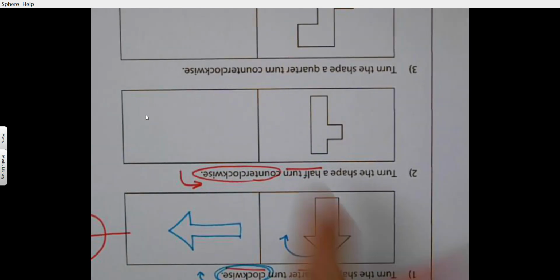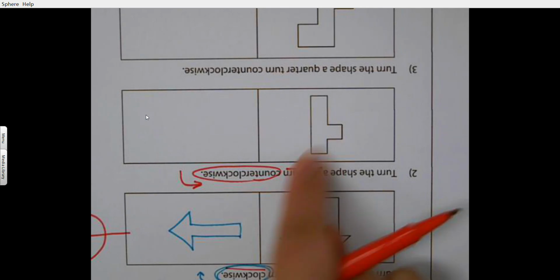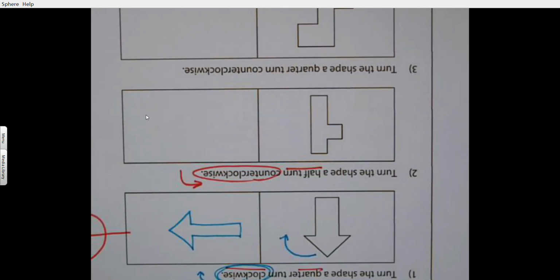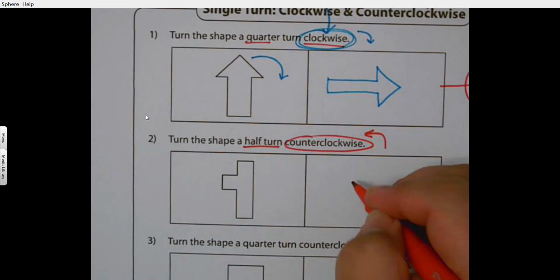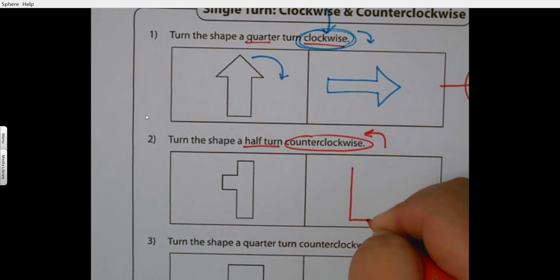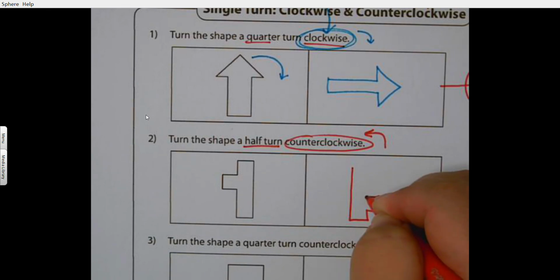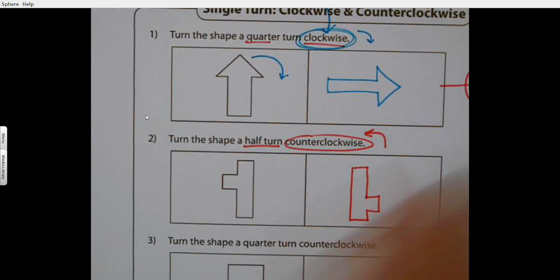And this is what my shape should look like when I turn it back over and draw it there. So flip it all the way over, 180 degrees, and it should look something like that.